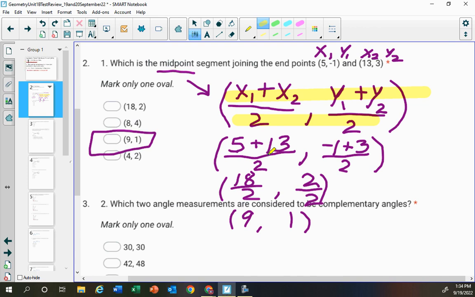Add your numbers, then divide. Add your x's, divide by 2. Add your y's, divide by 2. But it's very important to label. If you label them wrong, you will get a wrong answer. That's why I tell everybody, label right away.